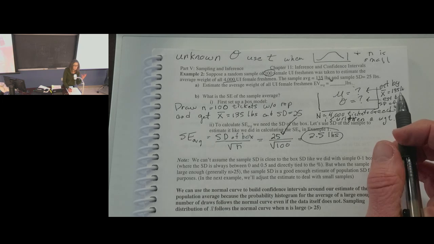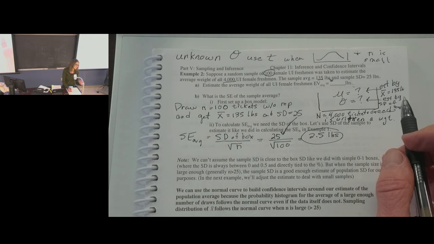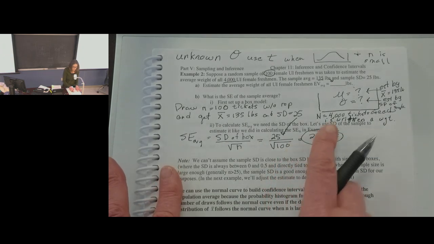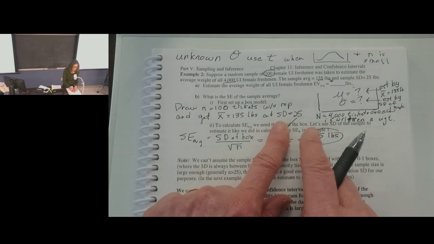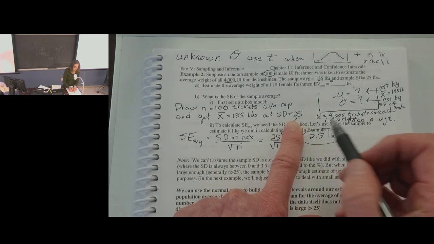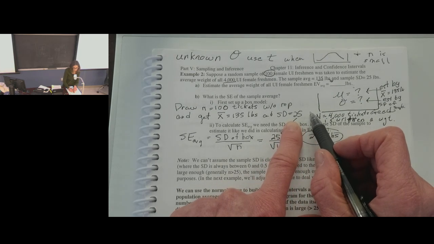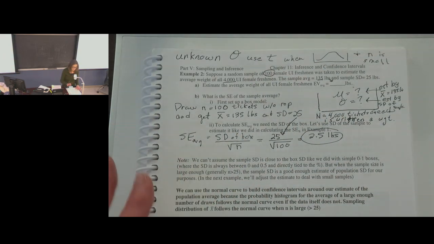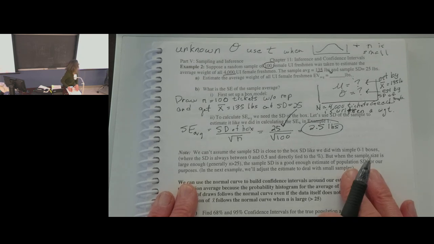Well, for very small samples, it's going to make a difference. But I just want to warn you that you'll see something called S that will be a little bit bigger than this. It would be times the square root of 100 over 99. We'll go into that later. But this is pretty good. Okay? So that's the first adjustment.